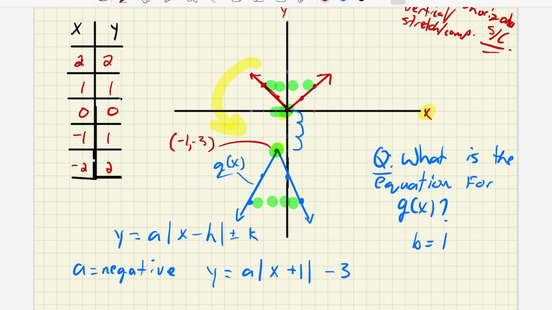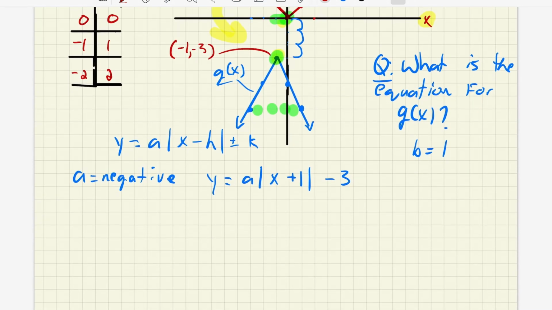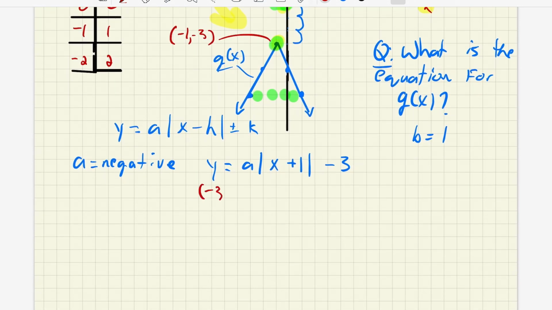So we go for the y value: negative 3 is equal to a absolute value of negative 1 plus 1, minus 3. Now, negative 1 plus 1 gives you a value of 0. So we got negative 3 is equal to a times 0, and there's nothing there, so we have a minus 3.